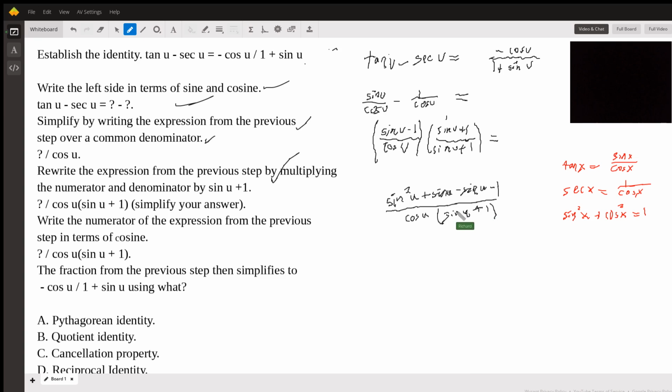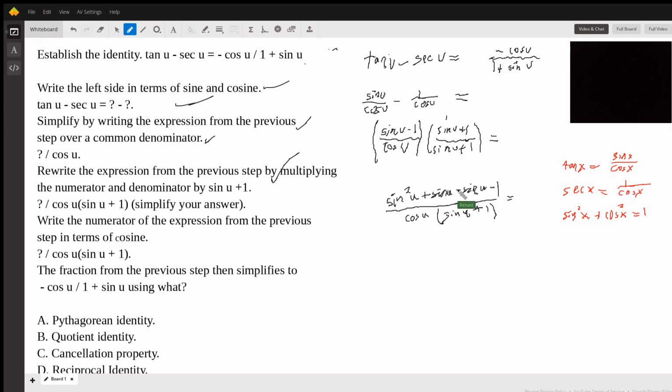Now you might be wondering, why didn't I distribute the cosine on the bottom? Well, the reason is because I'm looking at my target. All the while that I'm doing one of these things, I'm looking at the target. I can see that there's a 1 plus sine u in the denominator of my target, so I'm going to leave that right where it is. I'm not going to mess with that.